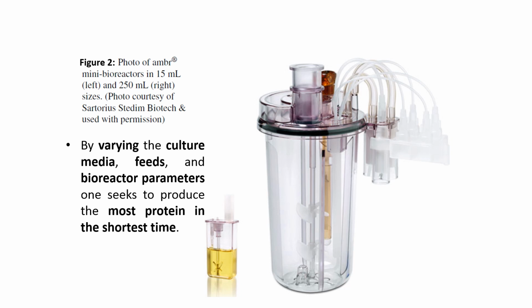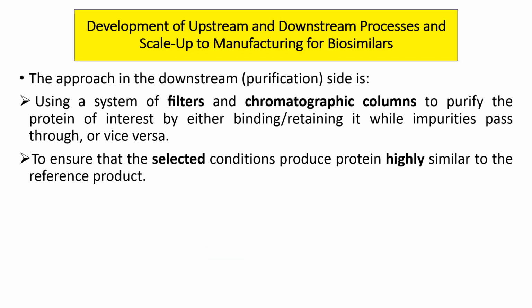in the shortest time. While for the downstream, the purification step, the approach is to use a system of filters and chromatographic columns in order to purify the protein from impurities, as discussed in detail also in the first exam material, by either binding and retaining it while impurities pass through, or vice versa.